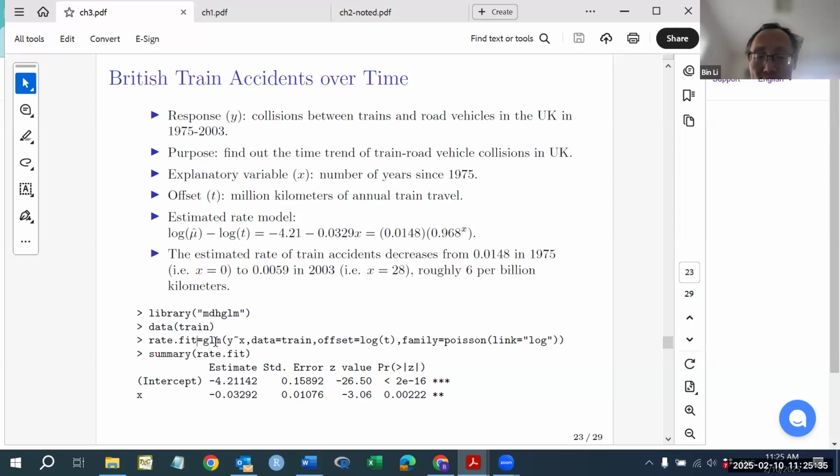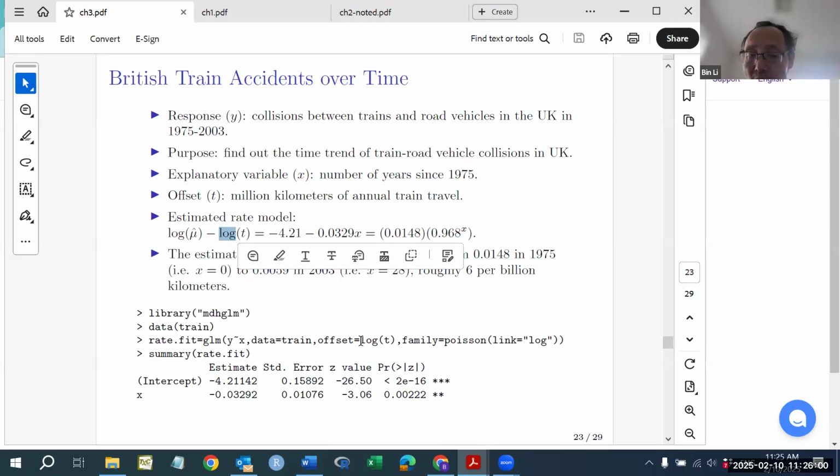Then we use the GLM function with Y as the number of collisions between trains and road vehicles, and X as the number of years after 1975. But because this is a rate model, we need an offset, that's the log T.